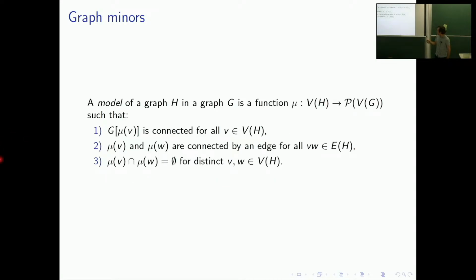We call this a model of the graph H. And the conditions are that each vertex of H is mapped to some set of vertices from the graph G, so that each of these sets is a connected subgraph. And whenever a pair of vertices in H are adjacent, then the sets of vertices in G are adjacent. And of course, we want these to be disjoint. Okay, so this is an equivalent definition of a graph minor.